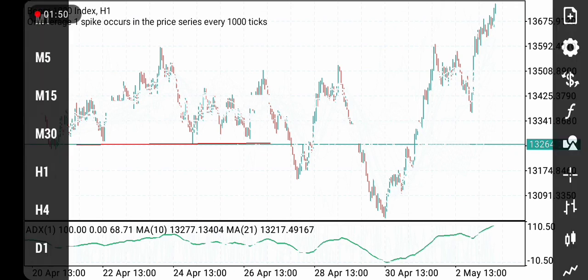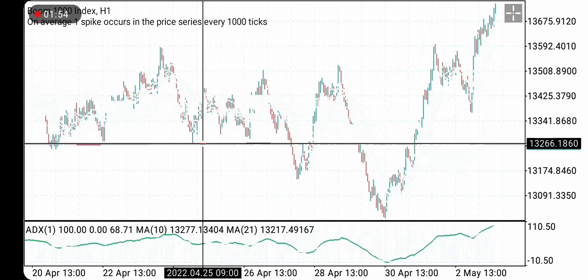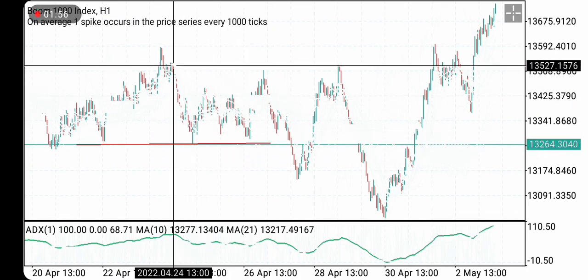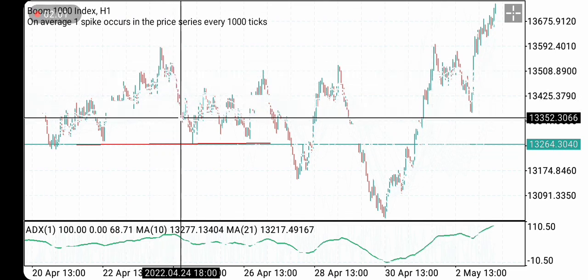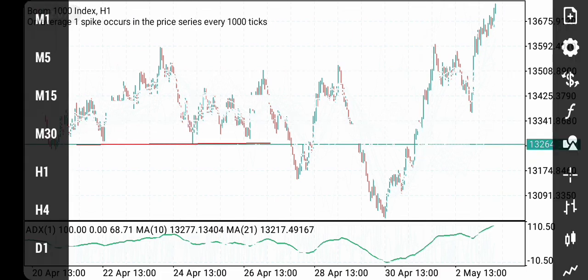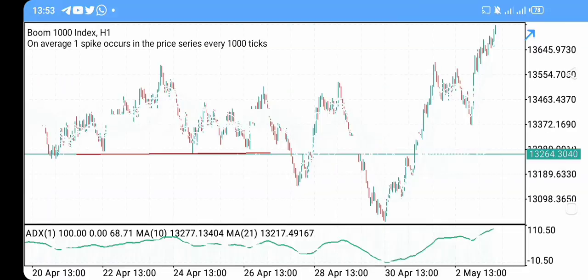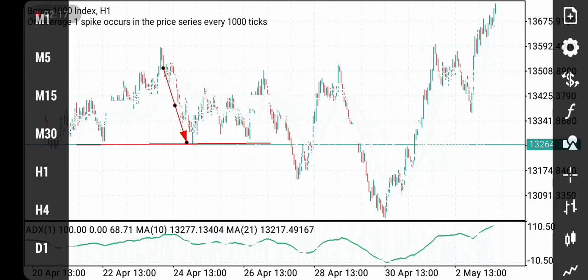What I mean by reversal is when we are having, look at this downtrend here. This is what we mean by downtrend. All this red line coming down to this point is what we mean by downtrend. Let me show you another. Like here, all of this is downtrend.